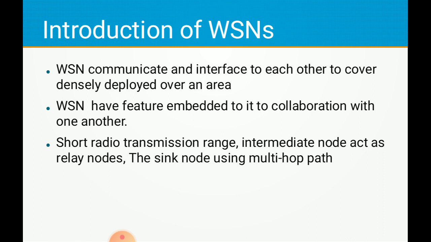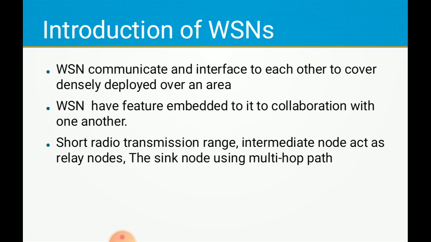How do we use this WSN, and why are we talking about it in this video? So WSN nodes communicate and interface with each other to cover our densely deployed area.